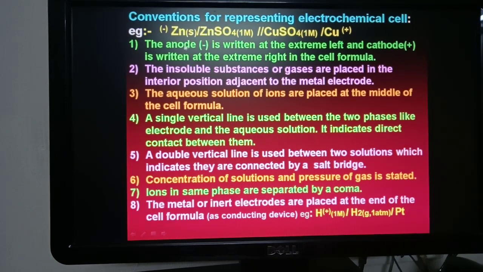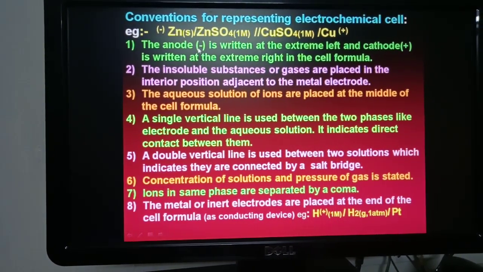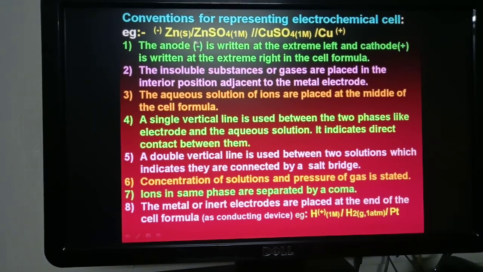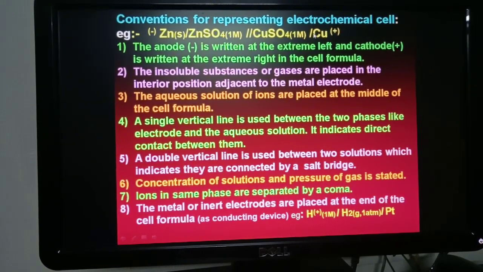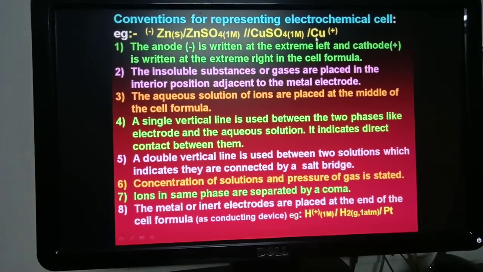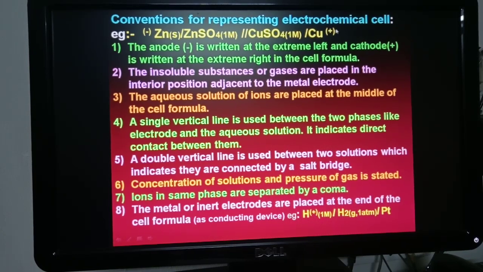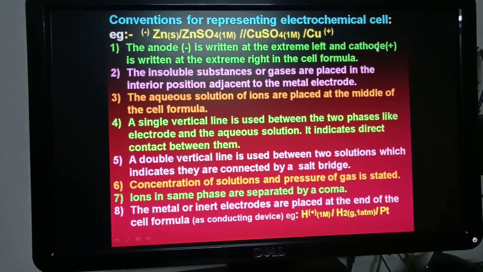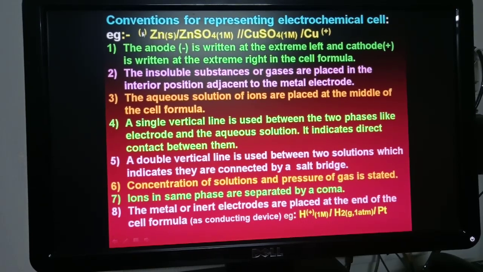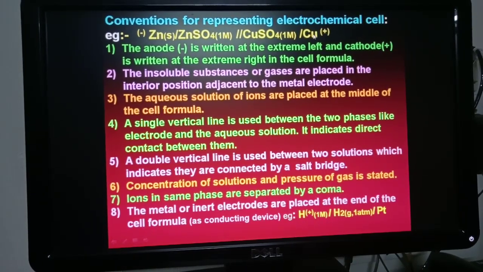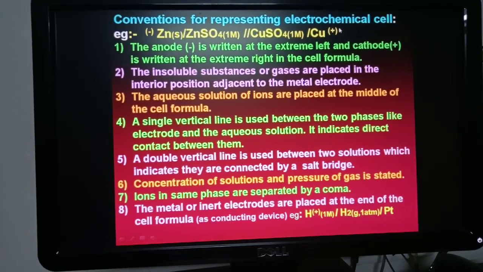That means although zinc is connected to the negative terminal, it will behave as anode, and copper, although connected to the positive terminal, will play the role of cathode. That means anode is always written at the extreme left and cathode is always written at the extreme right.